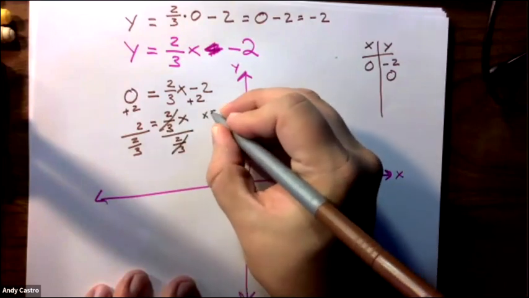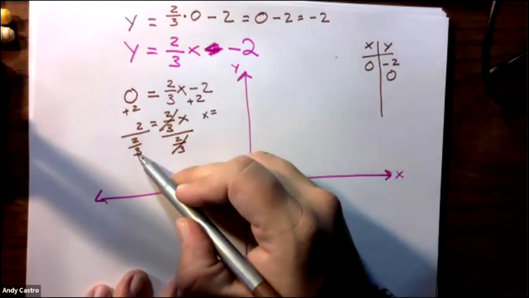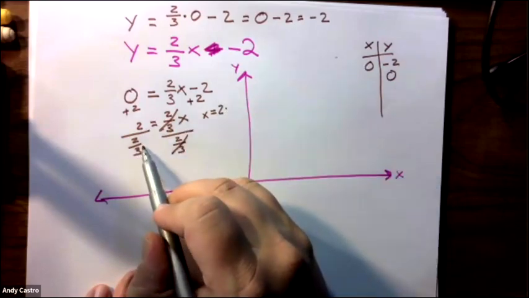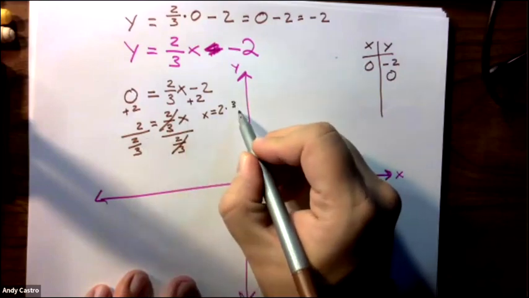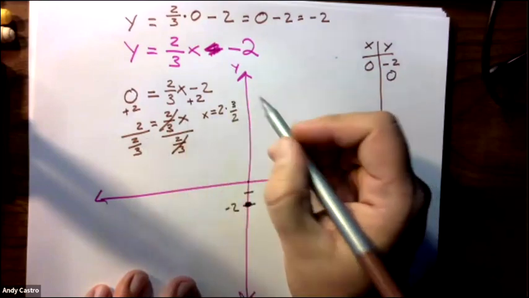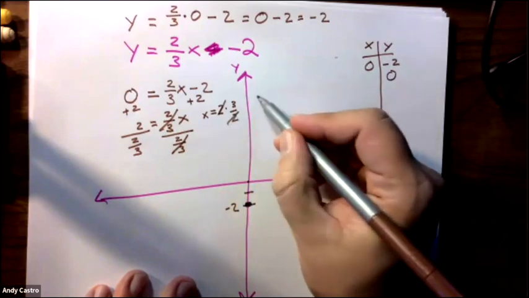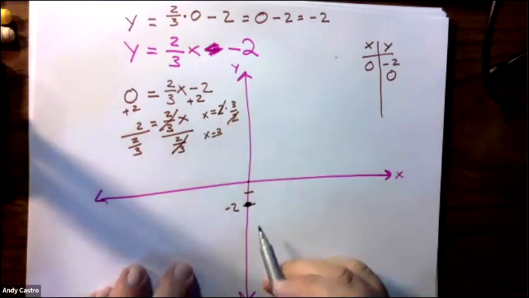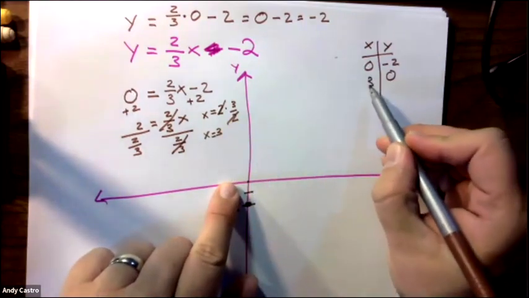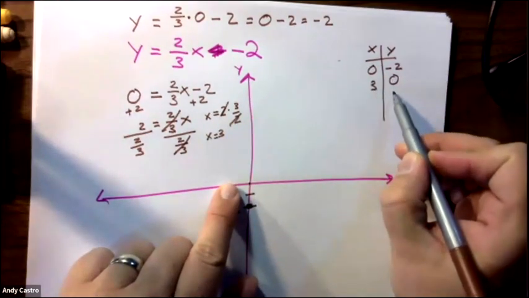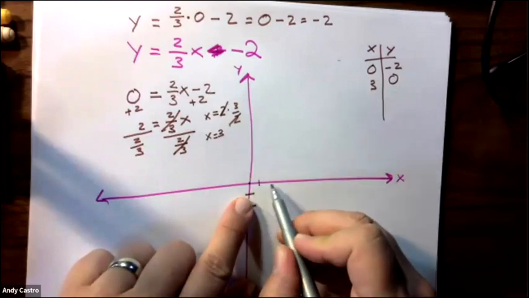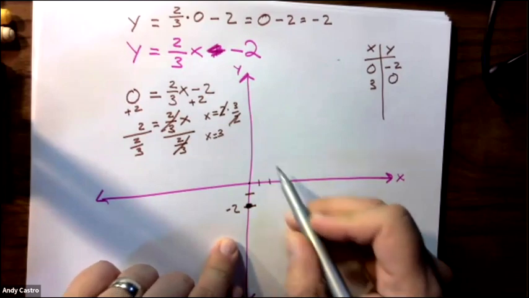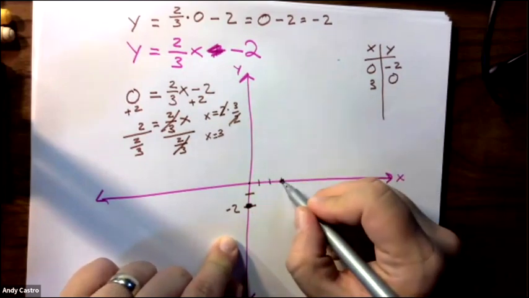And I have x is equal to 2 divided by 2/3, or 2 times the reciprocal of the bottom, which would be 3 over 2. The 2's cancel. X is equal to 3. So if x is equal to 3, y is 0. So if I go over to 3 on x, 1, 2, 3, then the y is 0.